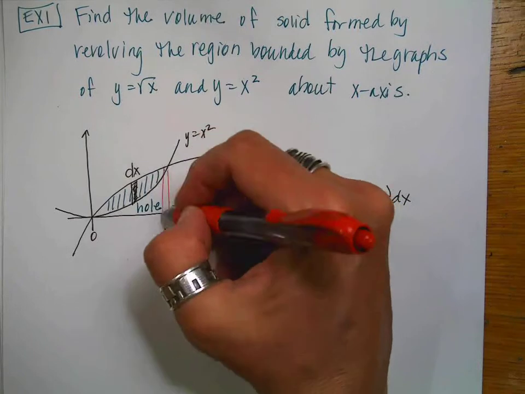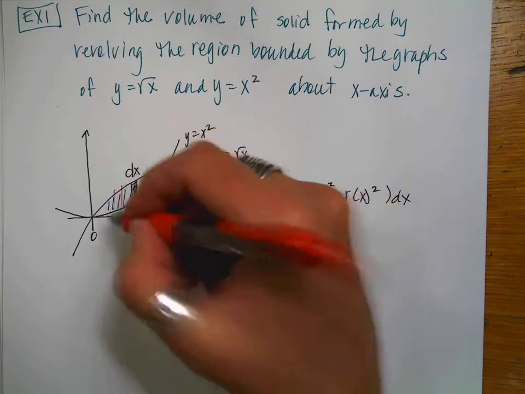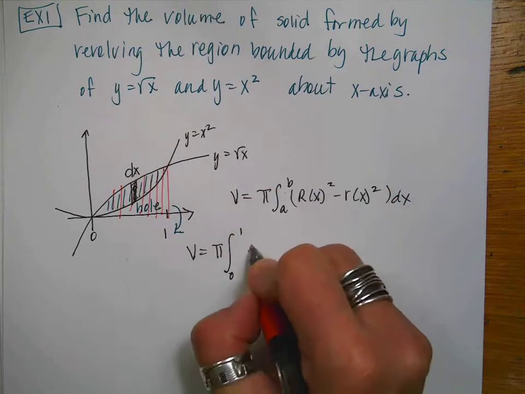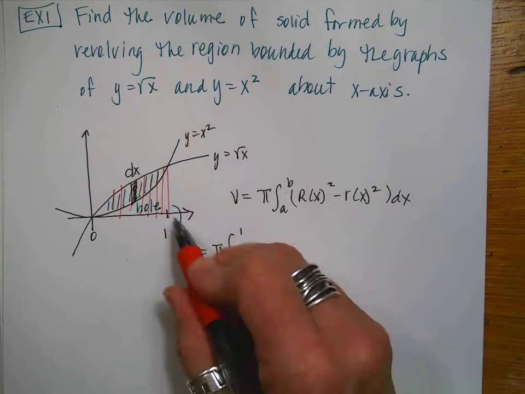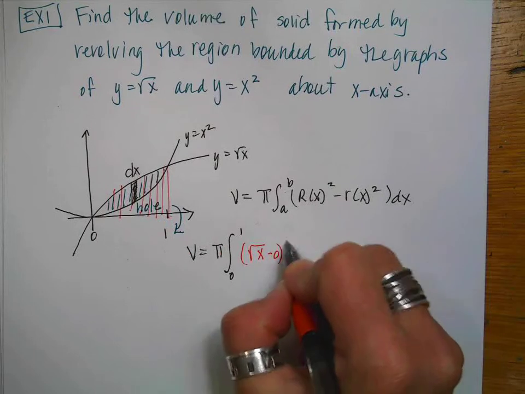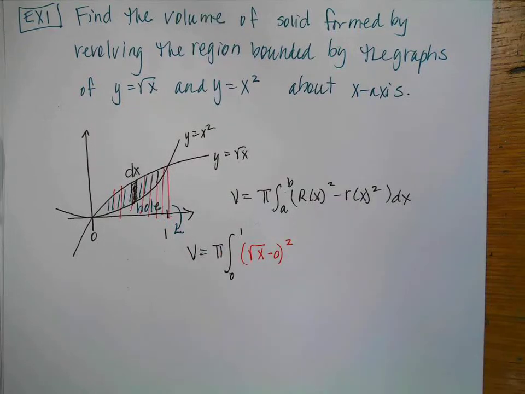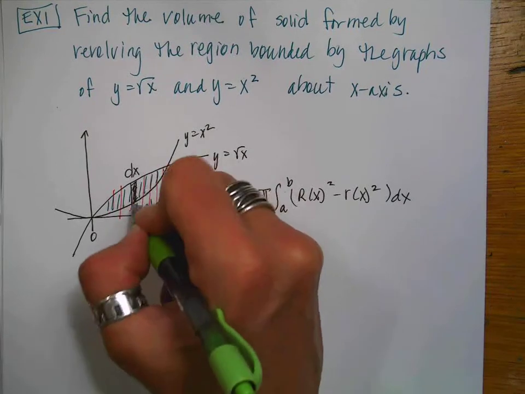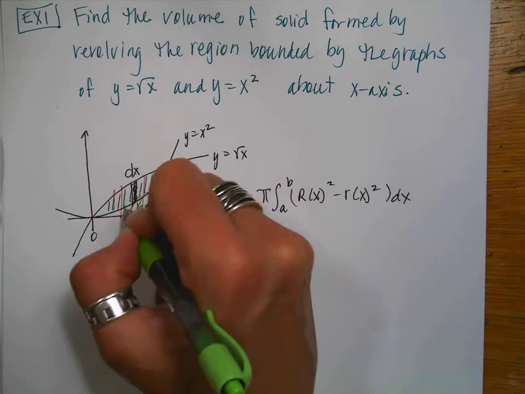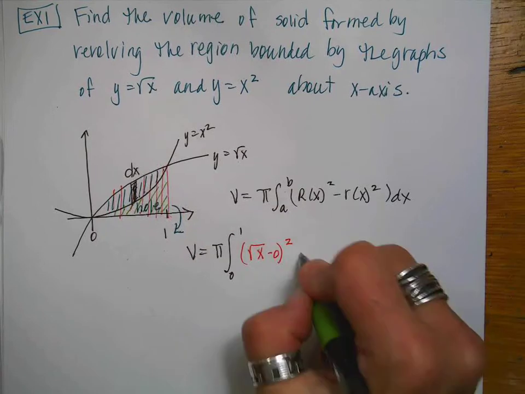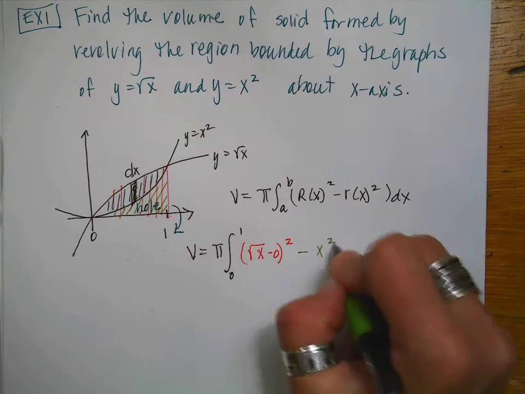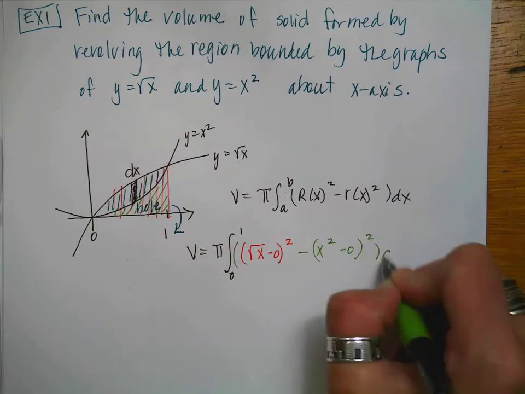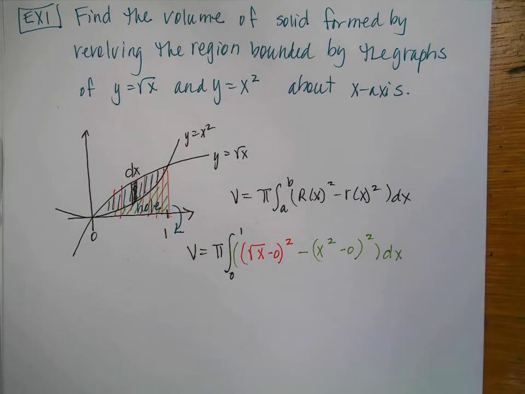The way I think about it is this is my whole, and so it's going to be that top curve, the square root of x minus 0, which is the axis of rotation, quantity squared, minus the hole. So if I take away the hole, it's going to be minus x squared minus 0, quantity squared, and then put the whole thing in dx.